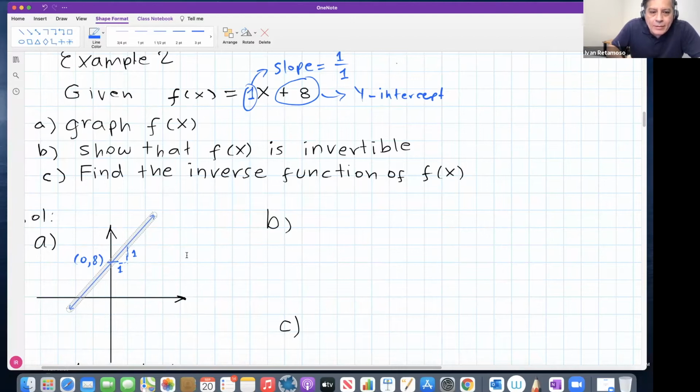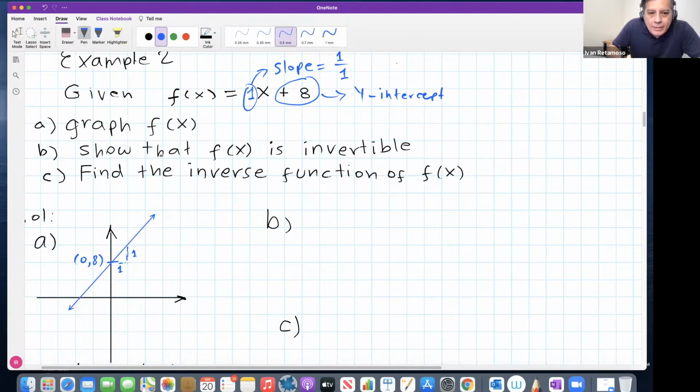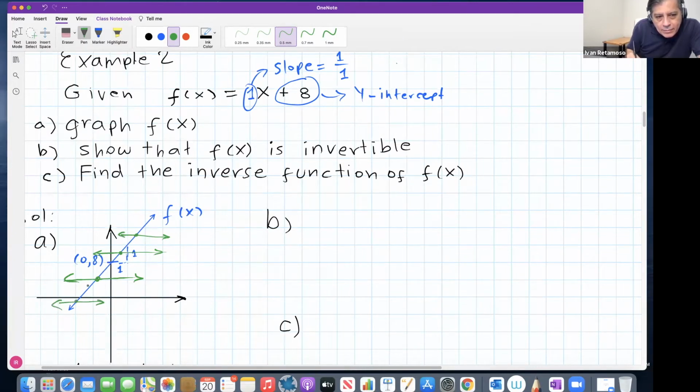But now, after you graph this, they want you to show that this function is 1 to 1. We have a test to do that, which is called the horizontal line test. The horizontal line test says draw horizontal lines. If all the horizontal lines meet the graph just once, at one point, then it means that the function is 1 to 1, therefore invertible by the fact that we wrote.